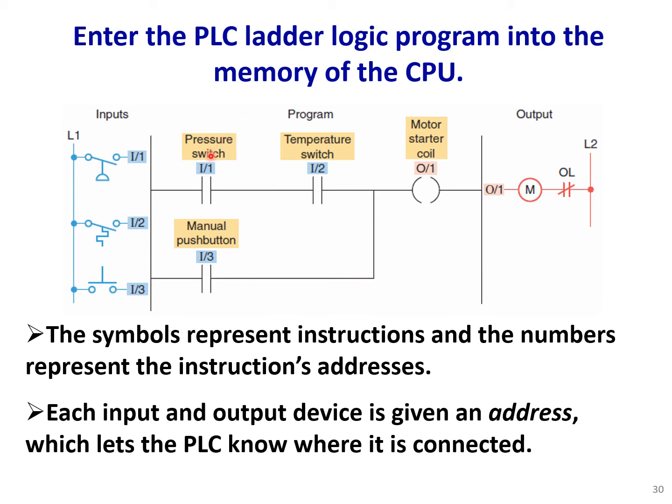So here we have our pressure switch, temperature switch, manual push button, and a motor starter coil, and here we have our input devices connected to the input module, and the output device is connected to the output module.